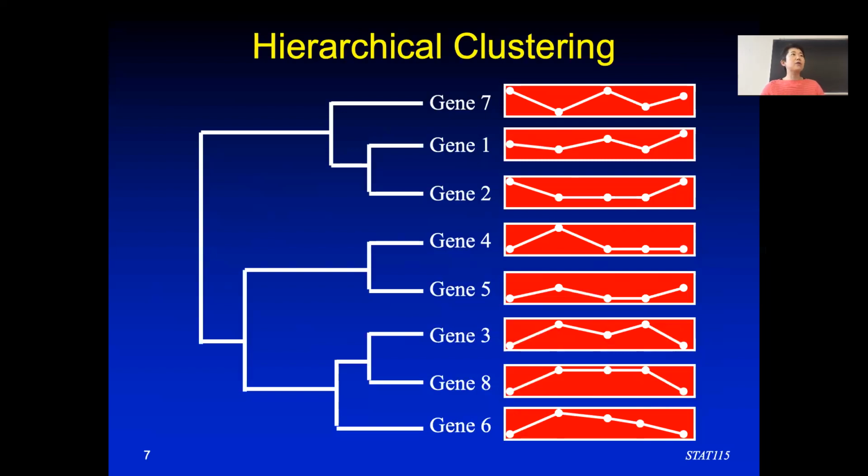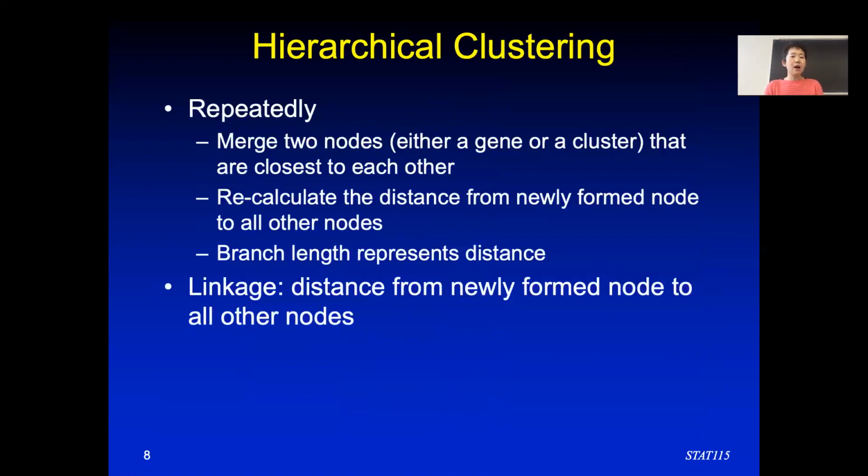If you do hierarchical clustering, at the very end you will cluster everything together. But most of the time, people care about looking at those smaller clusters to see the behavior within each group. Okay, so you can see you repeatedly merge the two nodes. The node can either be a single gene, or it could be formed by a few genes to form a small cluster.